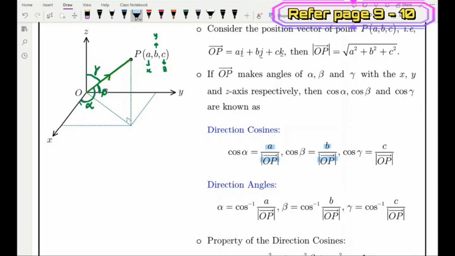And then cos gamma, C over magnitude OP. This is our direction cosine. We just remember that direction cosine must be the answer in the form of cos. But for direction angle, the value must be alpha, beta or gamma.